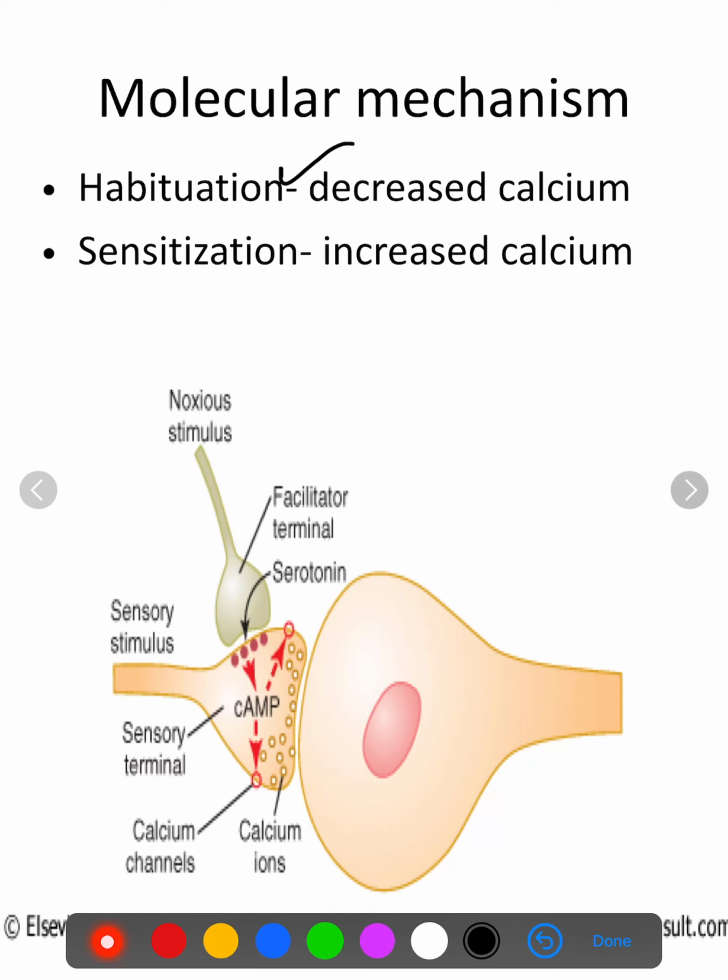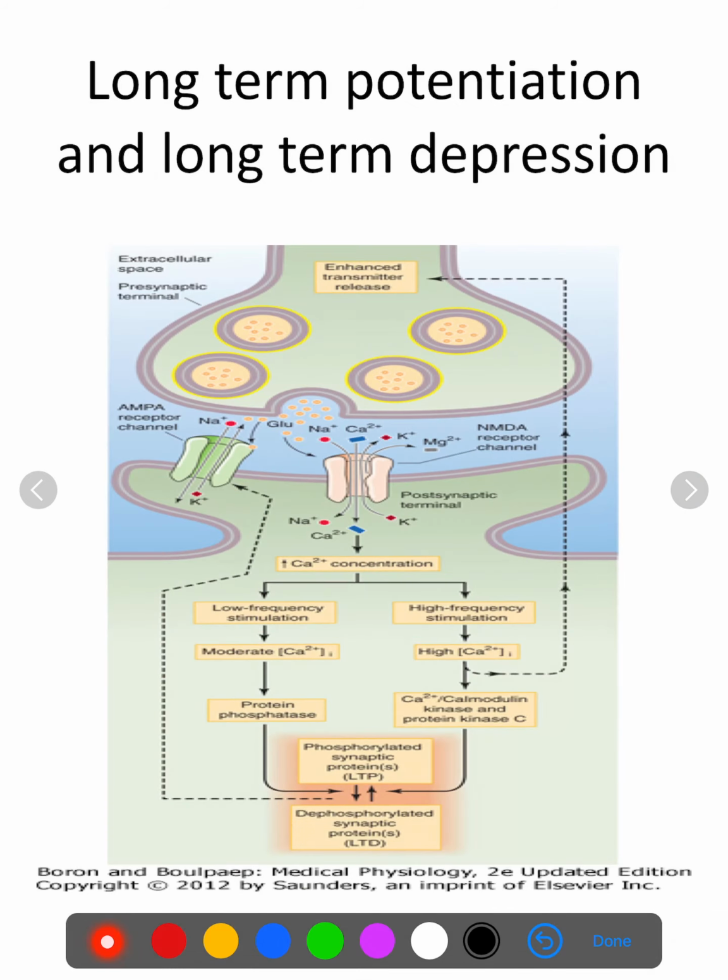Habituation we have studied, sensitization, that was the mechanism of long-term potentiation. I just want to explain this mechanism here, then we will go to that diagram. This is mainly occurring in the hippocampus.